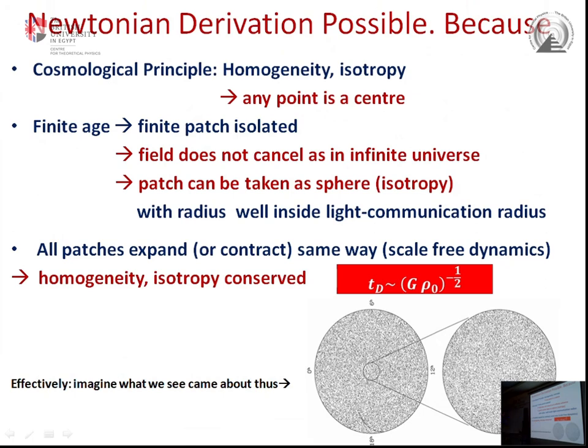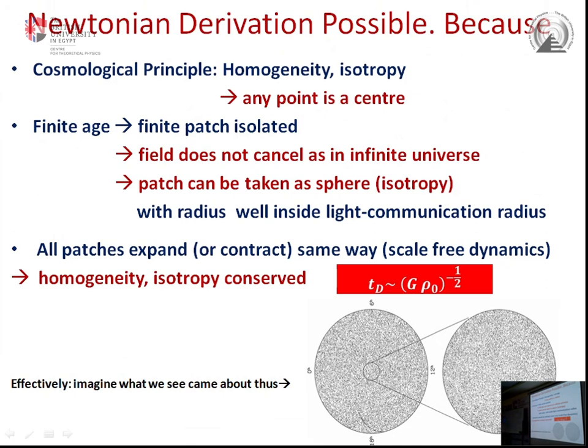Now all spheres will conserve the homogeneity and isotropy because of the gravity timescale being scale independent. So all of them will evolve the same way, and all patches will do the same as our patch. So we're fine from that point of view.